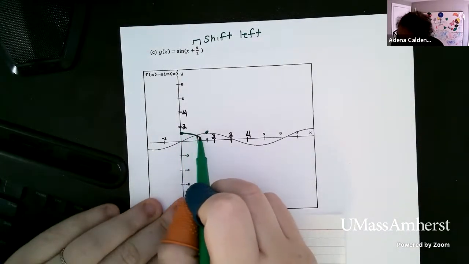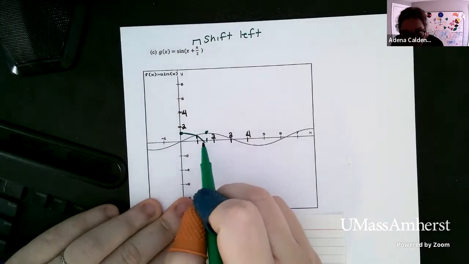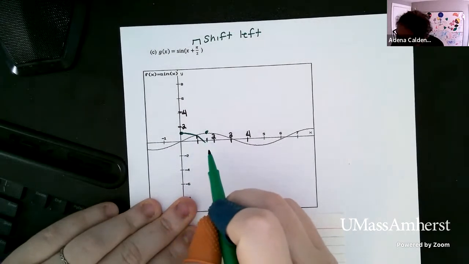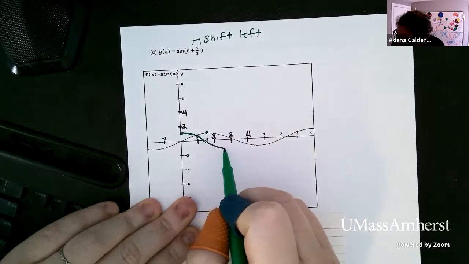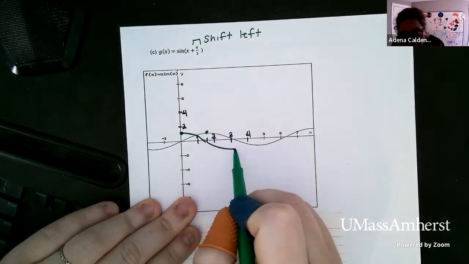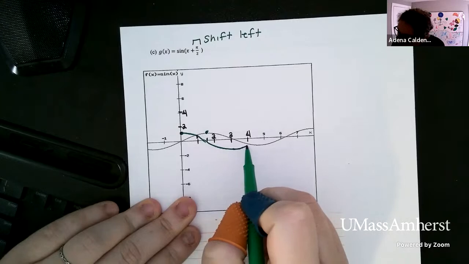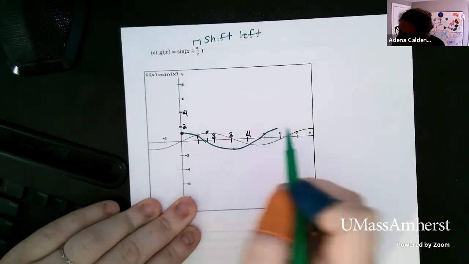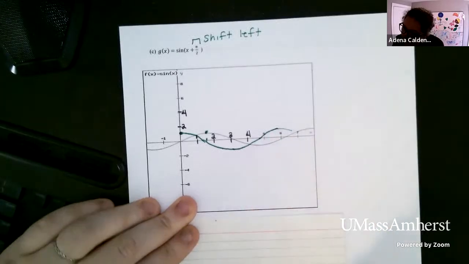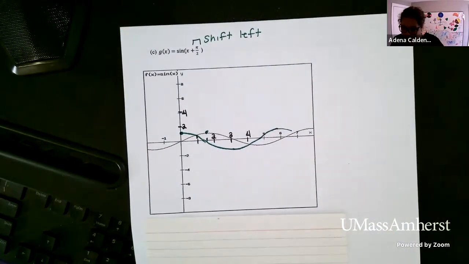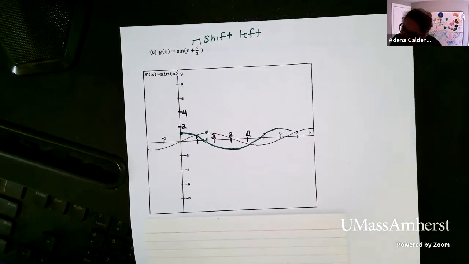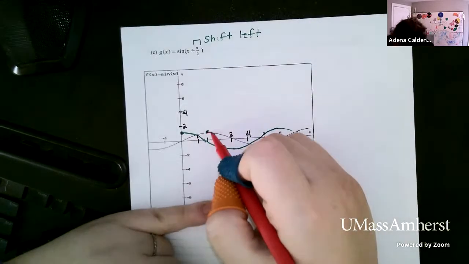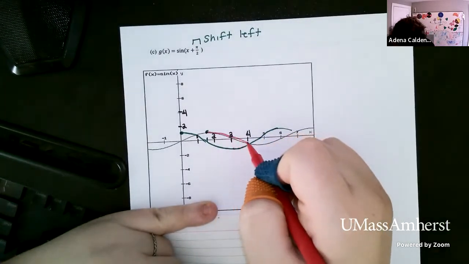So when we do that, we get something that looks like we're going to come down here. We're going to come back up here. Okay, so we get something that looks roughly like this. And so that is the same as this picture here.